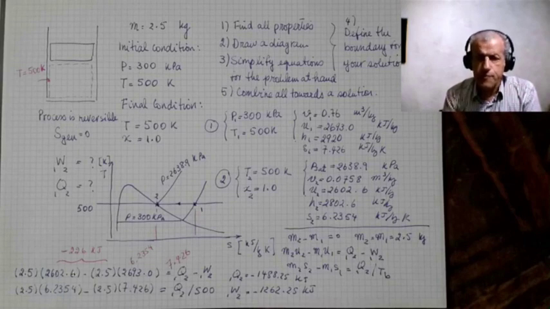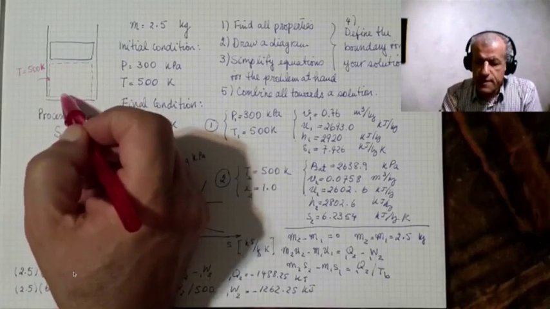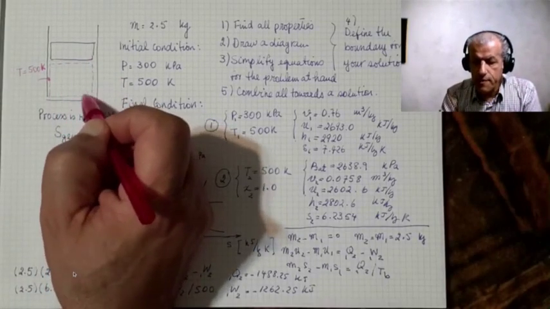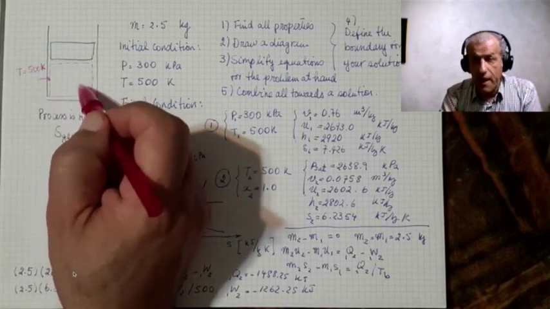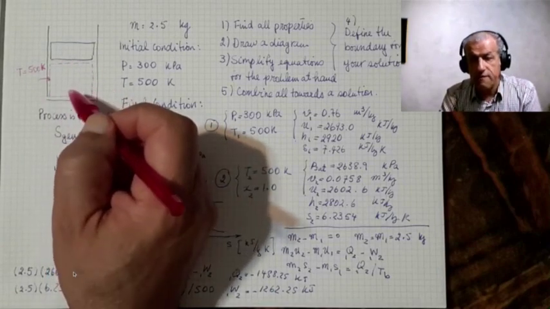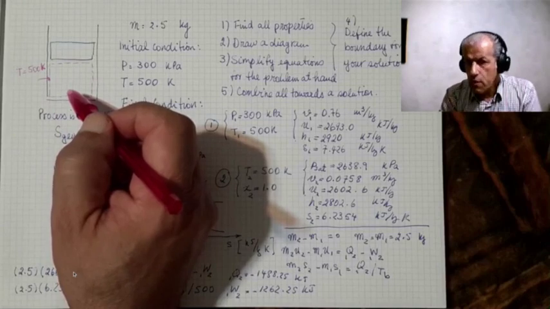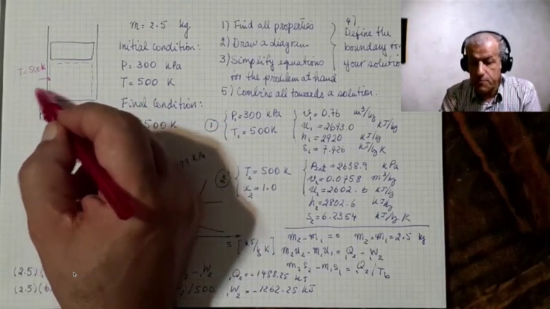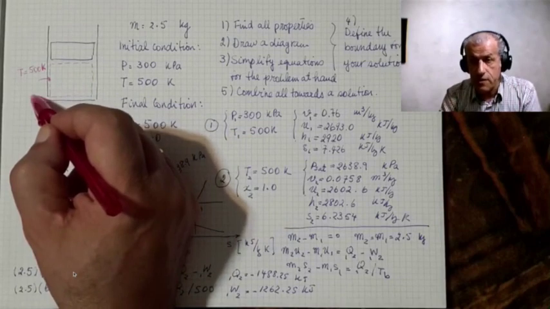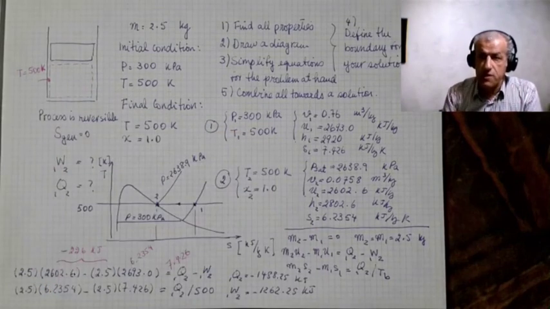Now, there are two ways to extend this problem. The first point is that although this process inside the boundary we have defined is reversible, we all know that if heat transfer occurs, there must be a temperature difference.